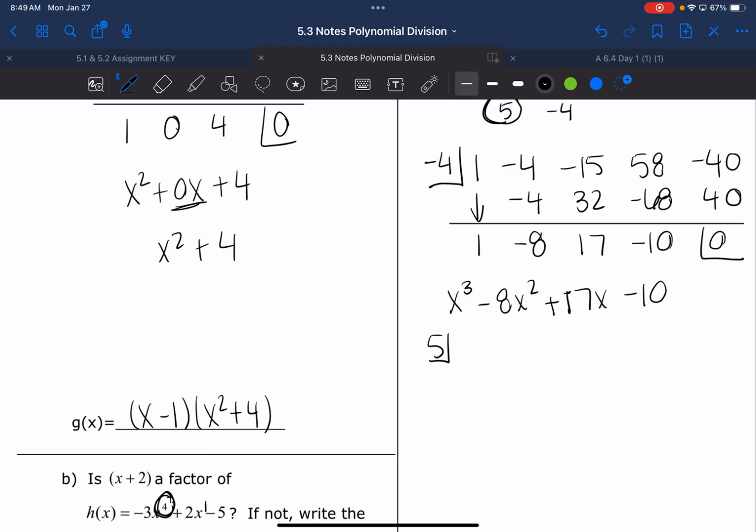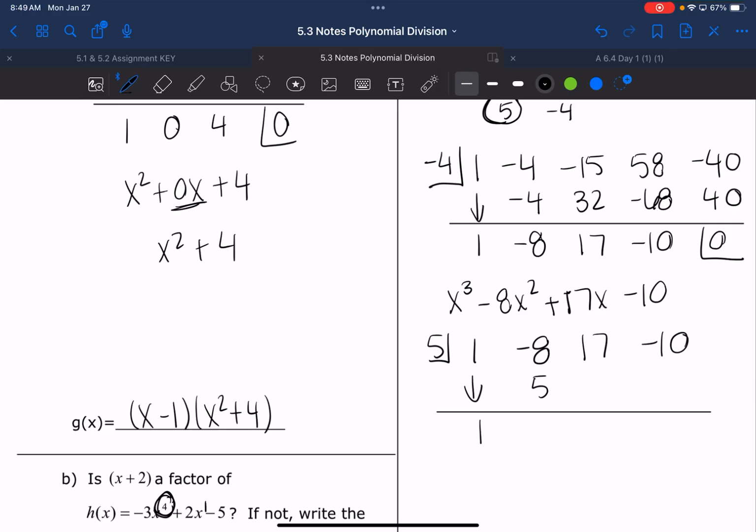And I'm going to use these coefficients now. My coefficients are the 1, negative 8, 17, and negative 10. Same process. We bring down that first coefficient and we multiply.